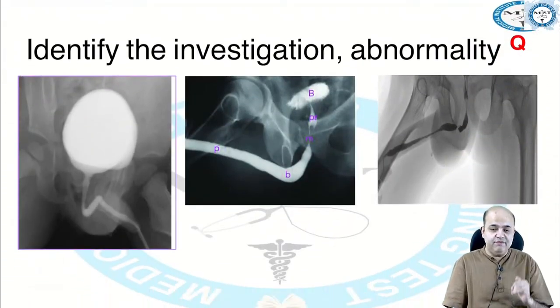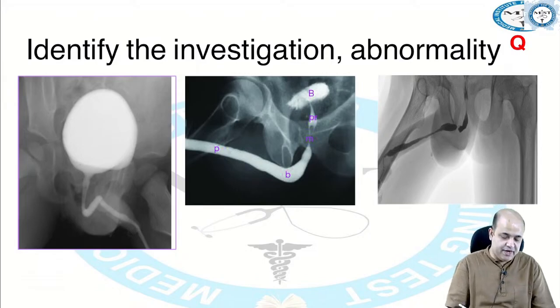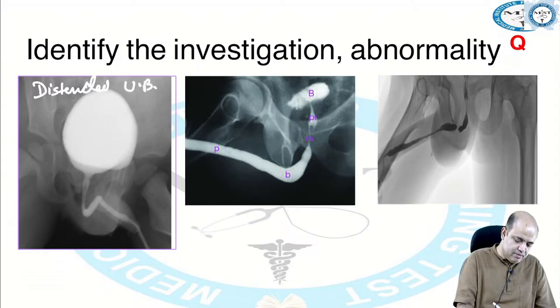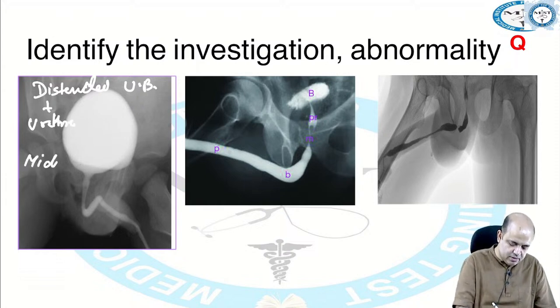There can be investigation of the lower urinary tract. If we see the distended urinary bladder plus urethra, this is a micturating cystourethrogram.